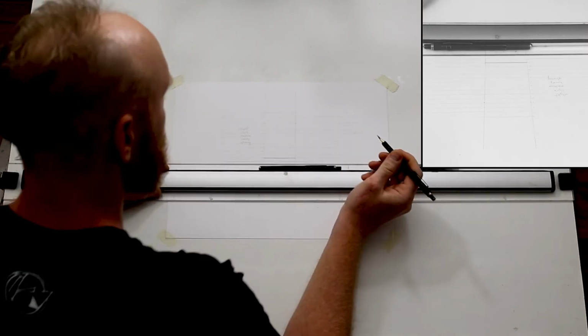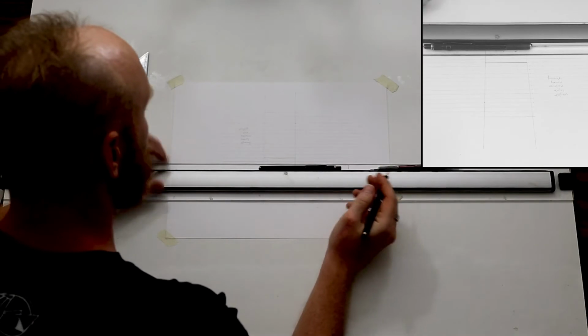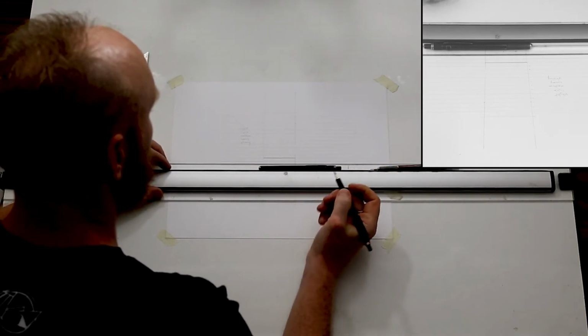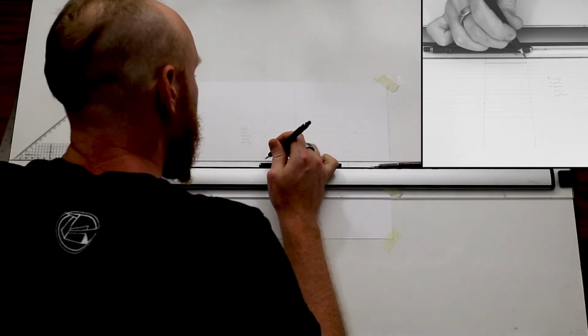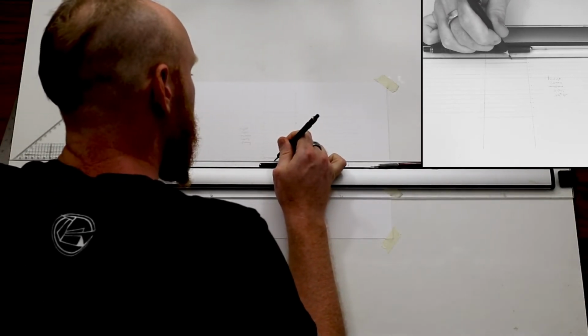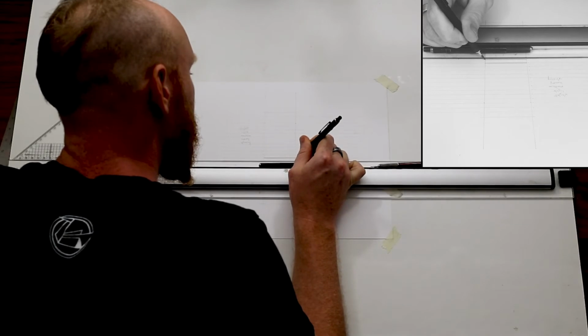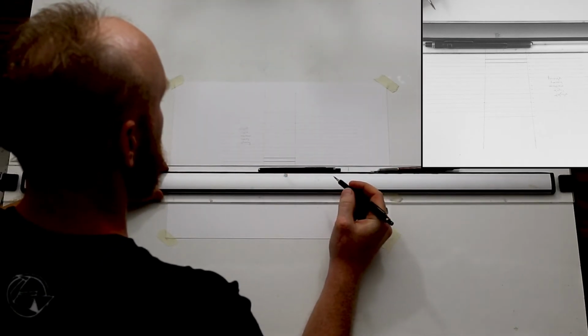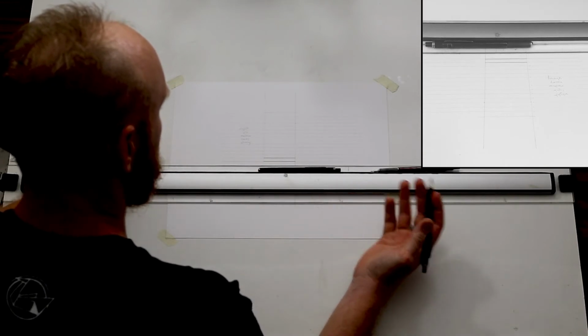But if I do like 2 medium pressure lines, it does definitely get darker. It has a limit to how far you can go because I can't push any more. When I push pretty hard that time, it's the same level of darkness because the graphite itself just has a limit to its color.